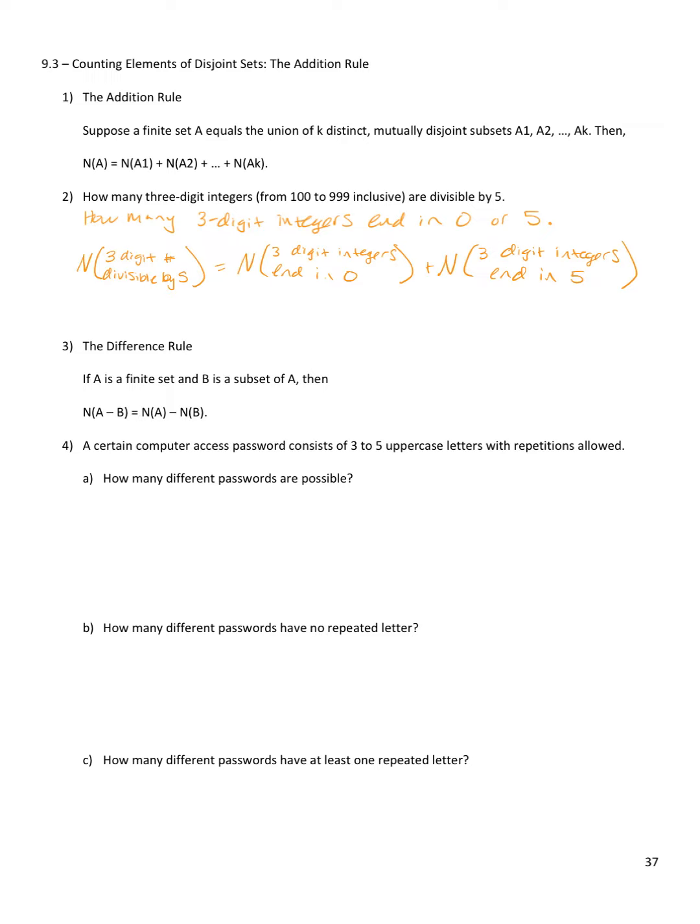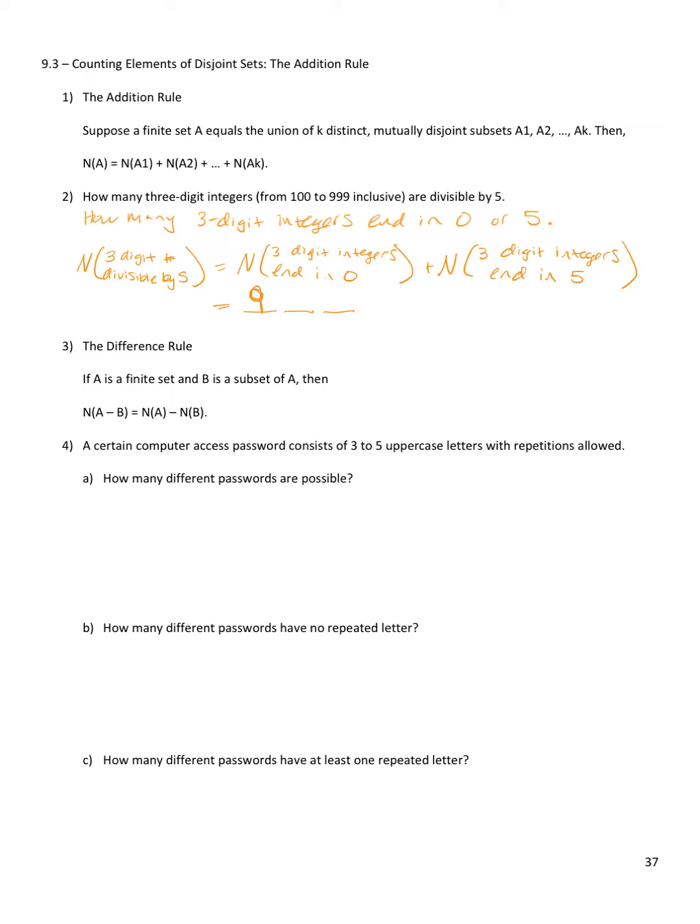So how do I figure out how many there are? Well, three-digit integers look like this, right? They have 3 digits. So the first digit, how many options are there? Well, 1 through 9, right? 0 can't be the first digit because when there's a 0, we just don't write anything.